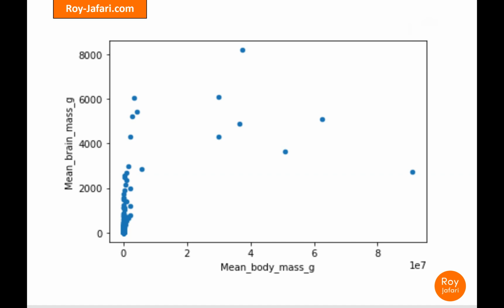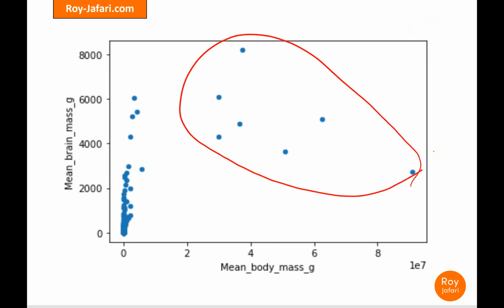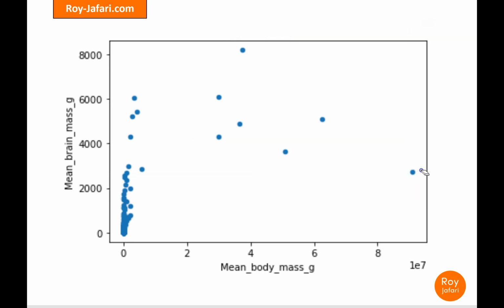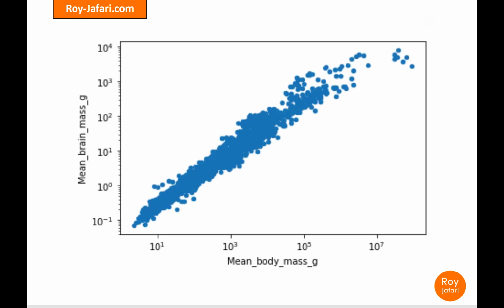It's because these larger values are consuming the space of visualization. Whenever such a thing happens, one of the ways we can go about this is to use log transformation. Once we do log transformation, we can see that there is a linear relationship between the mean body mass and mean brain mass, which basically means that if you have a larger body, you're probably going to have a larger brain.